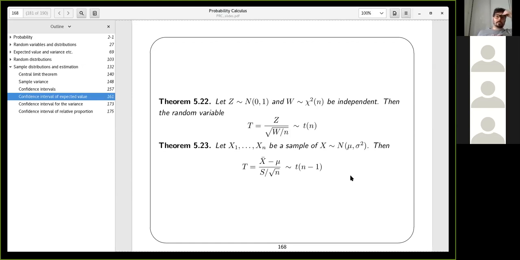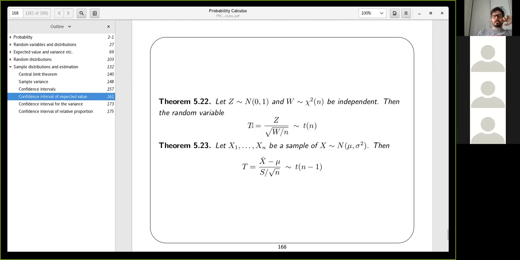So in particular, if we have a random sample from a N(mu, sigma squared) distribution, then this, instead of being N(0,1) distributed, has a t distribution with n minus 1 degrees of freedom.